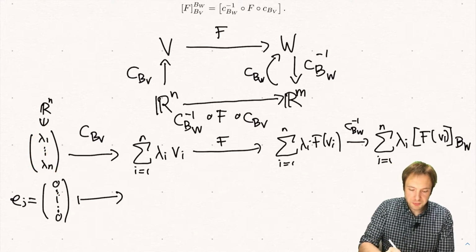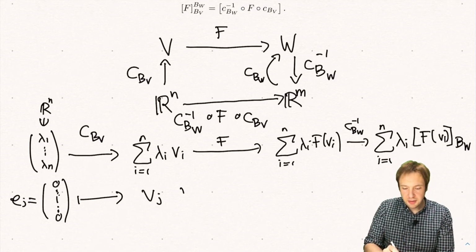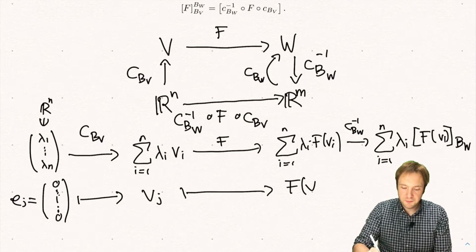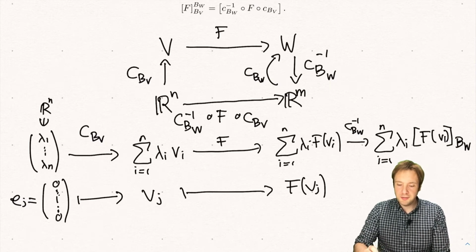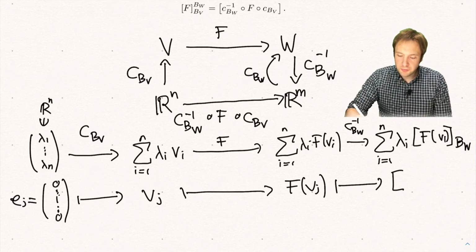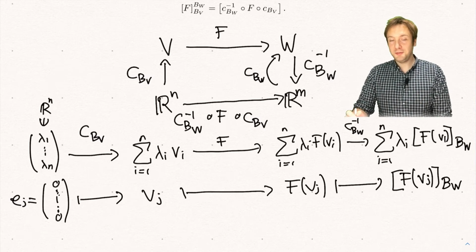So this gets mapped to vj here, and under this map F, this gets mapped to F of vj, and under the inverse of this coordinate map, this just gets mapped to the coordinate vector of F of vj with respect to the basis BW.